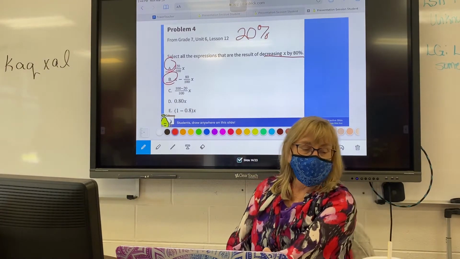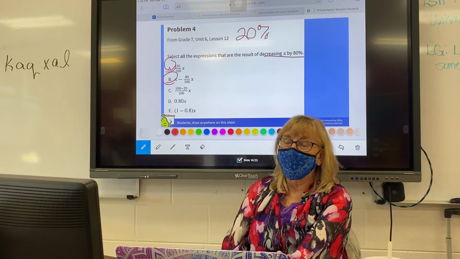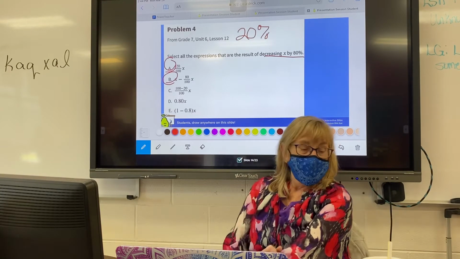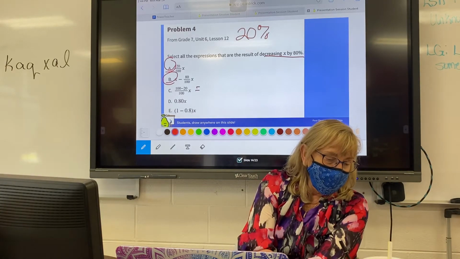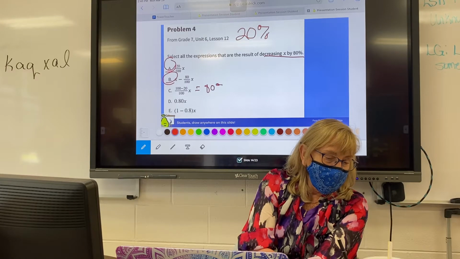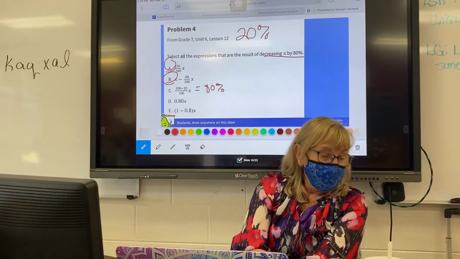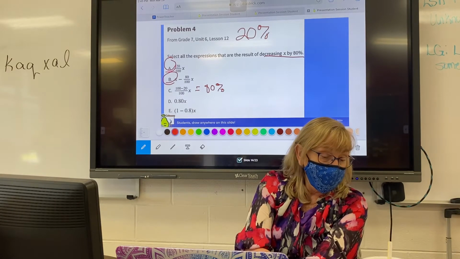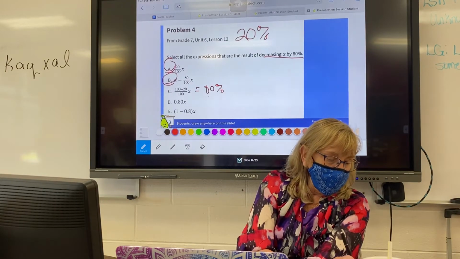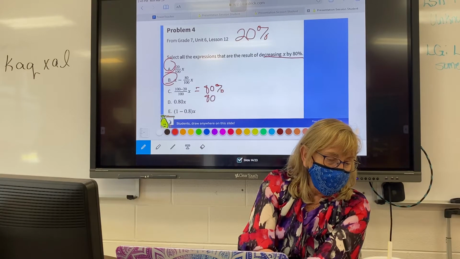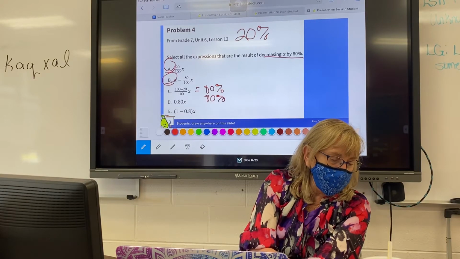Okay, how about C? What does that leave me? This is 80% of X. So that one does not work. How about D? Is that 80% again? Okay. How about E? Yes, E works.